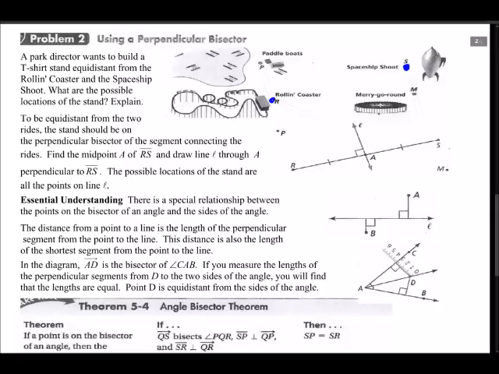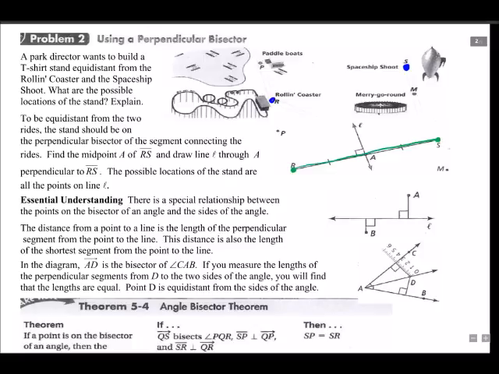And we want to put a t-shirt stand directly in the middle of those two, so that when people walk around, they'll go buy a t-shirt. Well, how are we going to do that? Well, I have a segment that connects my rolling coaster and my spaceship chute.